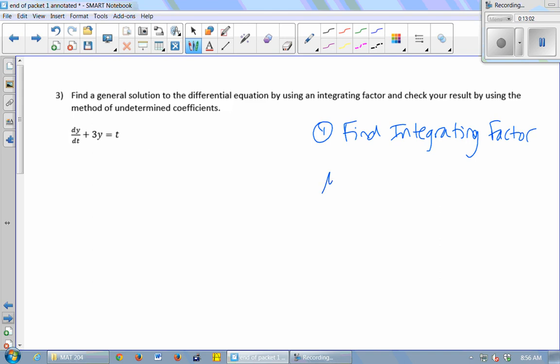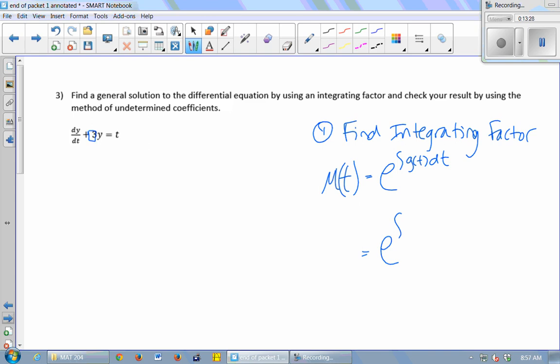Okay, so first, I need an integrating factor. So mu of t is always e to the integral of g of t dt. So this is e to the integral. G of t in this case is what? It's just 3. It's just the thing on the y, right?